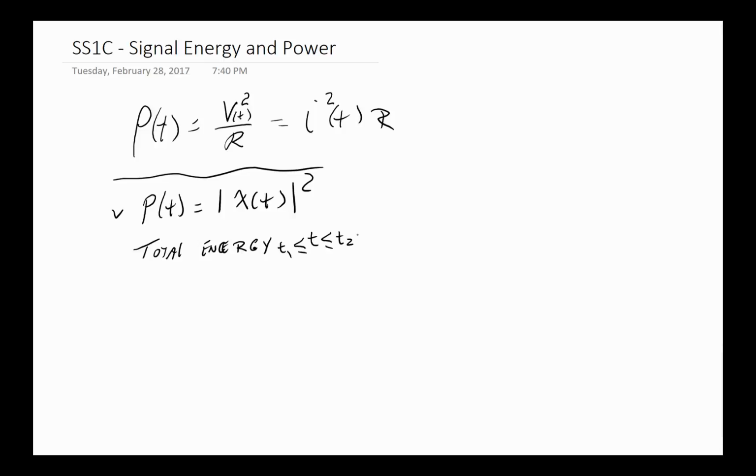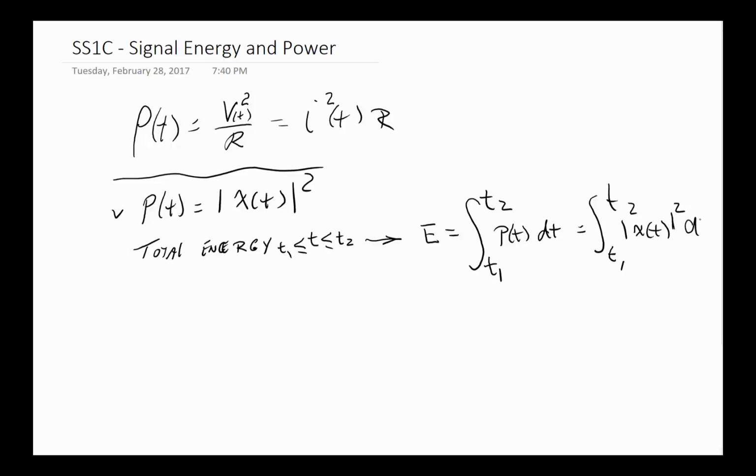So basically it's the sum of all the power over this period of time. The easiest way, or the only way we know how to do that, is that energy is the integral from t1 to t2 of p of t dt, or we can go directly to the signal and say that's basically going to be the magnitude of x of t squared. Okay, so these are different ways of writing power and energy.